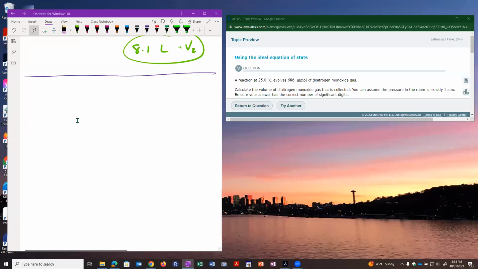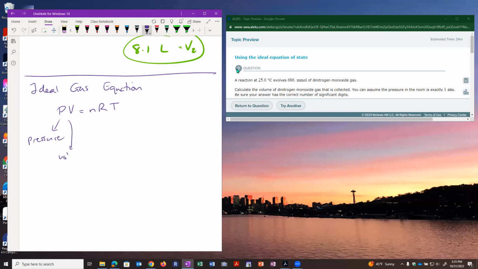All right, so in this question, we're looking at using the ideal equation of state, or the ideal gas equation. And that's probably the most important gas equation that you'll see. So the equation goes PV is equal to nRT, where P, as we've seen before, is going to be our pressure.